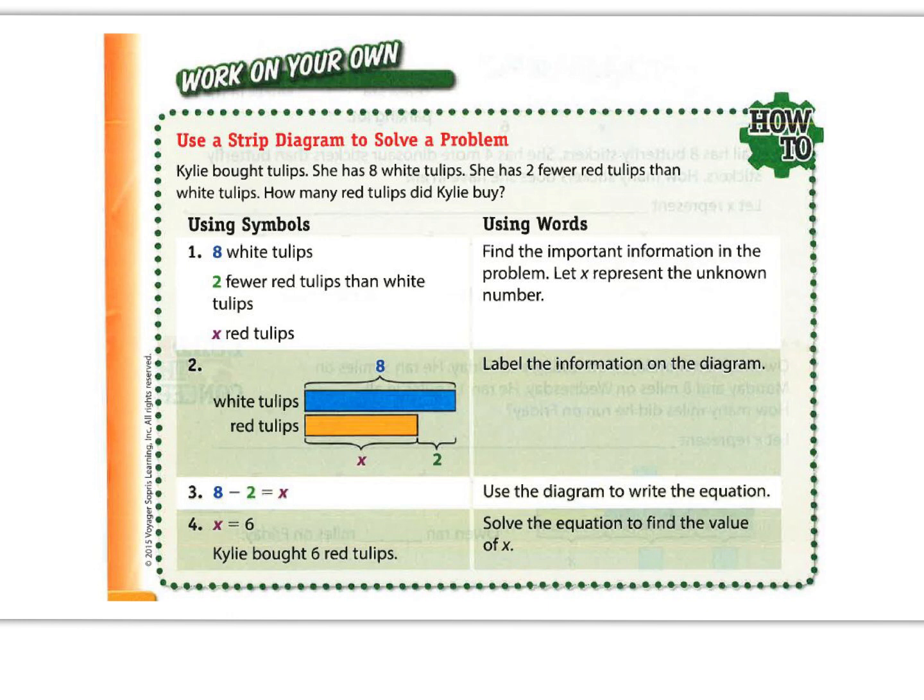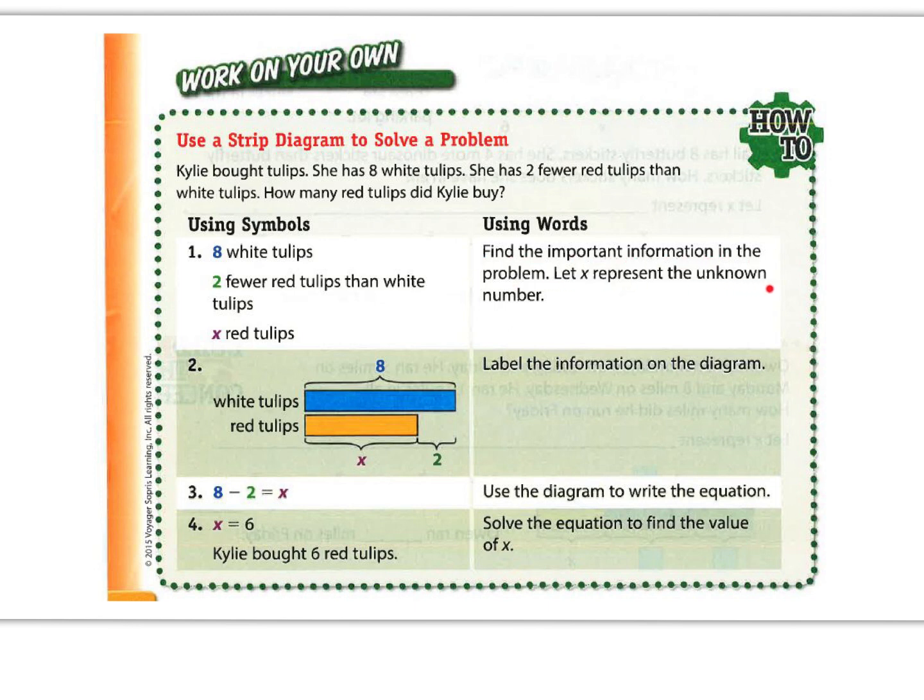All right, so let's look through this. It says use a strip diagram to solve a problem. Kylie bought tulips. She has 8 white tulips. She has 2 fewer red tulips than white tulips. How many red tulips did Kylie buy? Well, we know she has 8 white tulips, 2 fewer red tulips than white. So we need to figure out x red tulips. So find the important information in the problem.